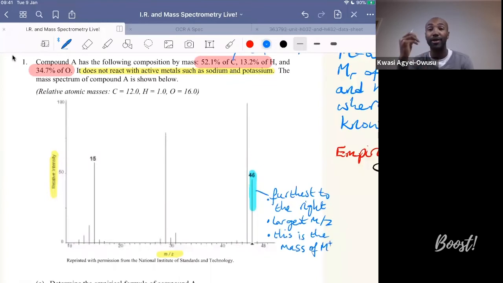The molecular ion peak, or the M plus peak, is the one that's furthest to the right. And so this molecule has got an RFM or an MR of 46, which is incredibly useful if used in conjunction with the elemental analysis data. Okay, so we've also got some fragments in this spectrum, which we will look at shortly.